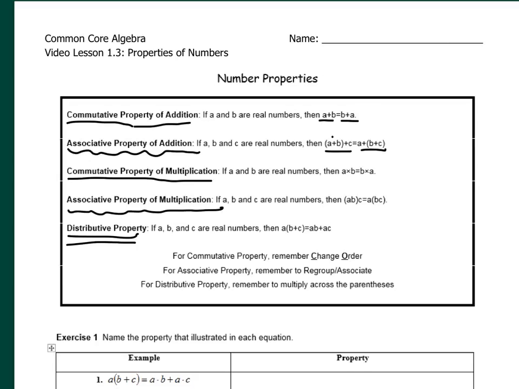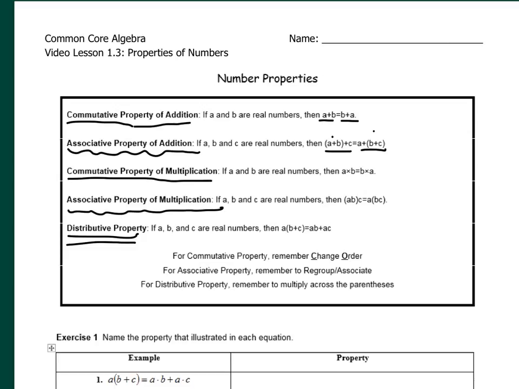However, on the right side, the parentheses switch. They're now around b plus c, so you would do b plus c first and then add a. So the associative property of addition, of course, is going to be a sum, but what happens is the order of the letters or numbers doesn't change, the parentheses move, and different sums are regrouped.